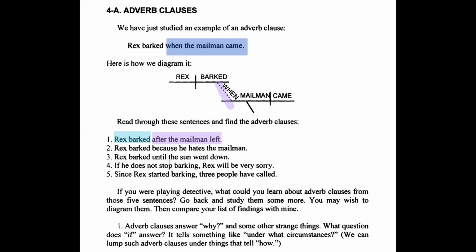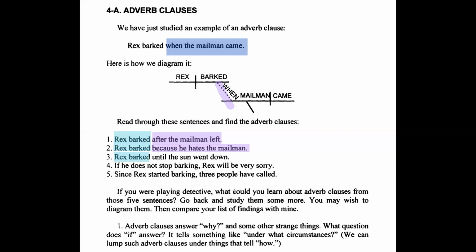Let's look at number 2. Rex barked because he hates the mailman. So we should already know right away, Rex barked is our independent clause, right? And it's the same even for number 3, Rex barked. Then we have our dependent clauses, which are adverbs as well, because he hates the mailman. Now, look at after the mailman left, look at because he hates the mailman.